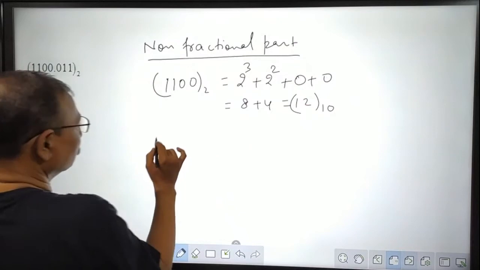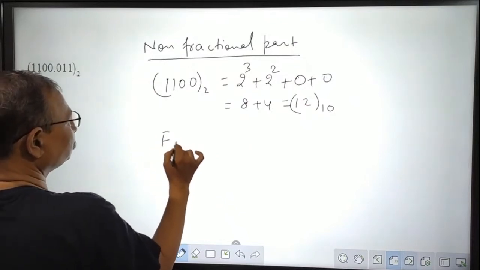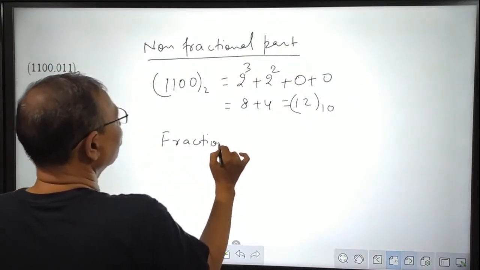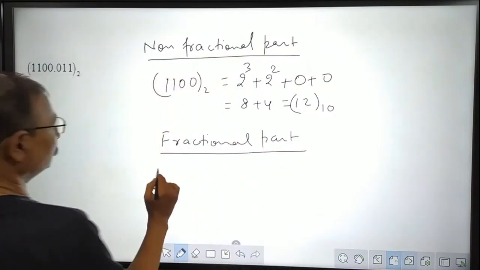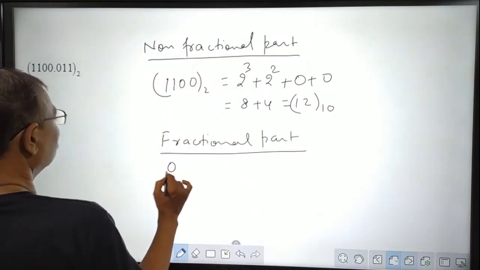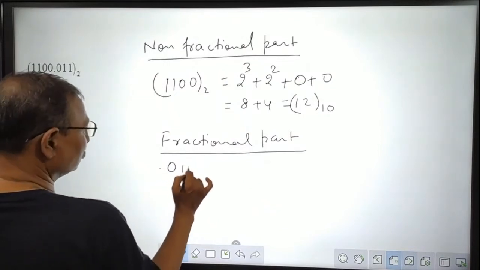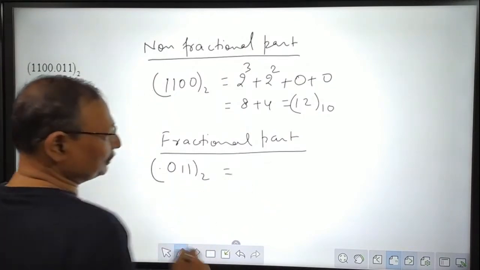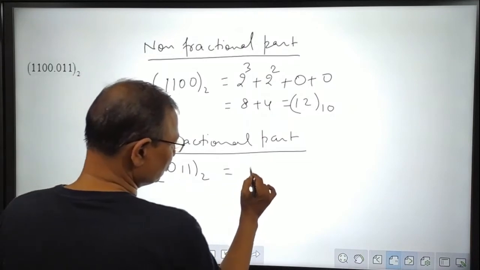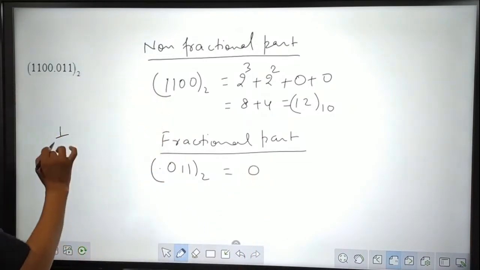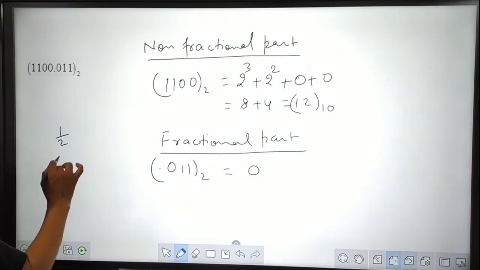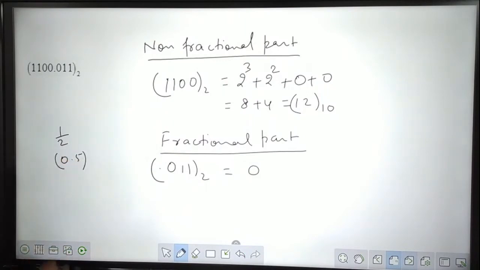And now the fractional part of this binary number is this 0.011. To this one, we know that this zero is supposed to be multiplied by 1 by 2, which we usually write as 0.5.